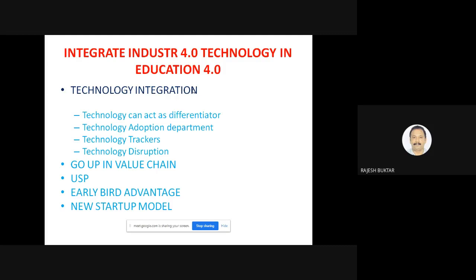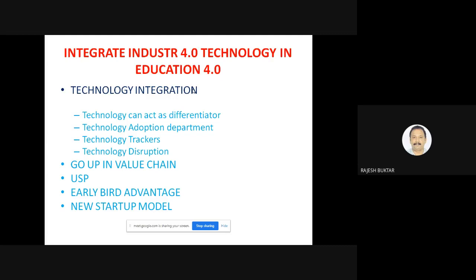Once a technology is integrated in a company, that company will know the benefits that can be derived from it, and that takes the company up in the value chain as compared to its peers. Once a company integrates that technology, it can easily go 5 years ahead of its competitors. If that is true for industries, why not for higher and technical engineering institutions?